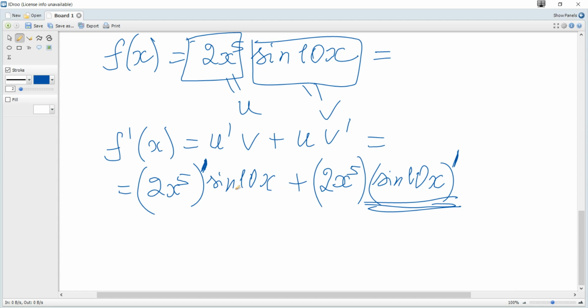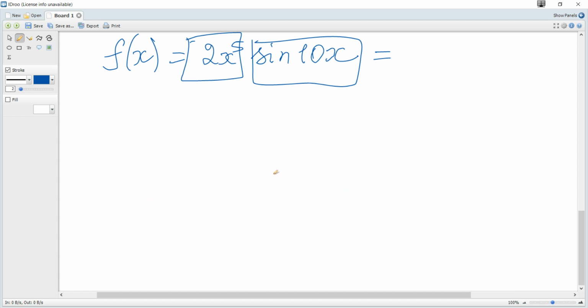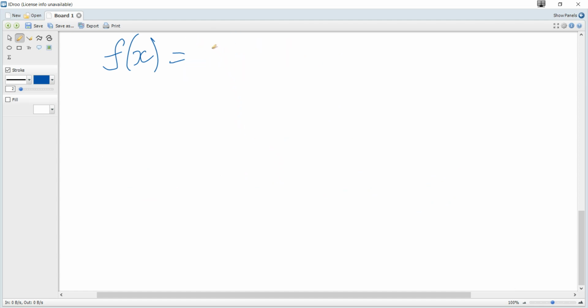We use the quotient rule when we have division, for example, sine x over x squared.